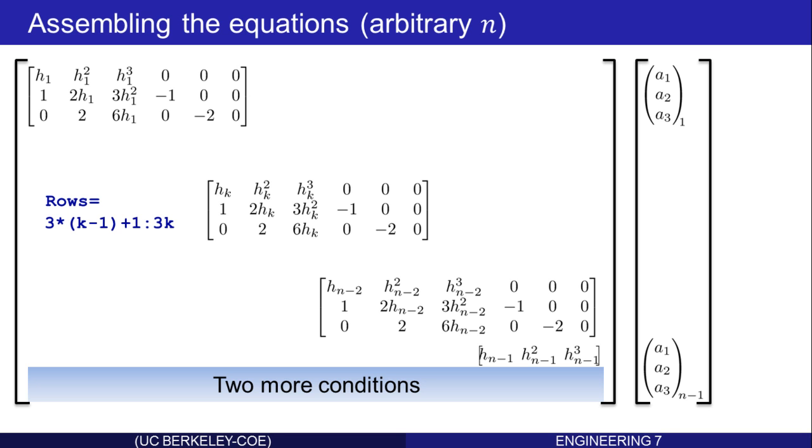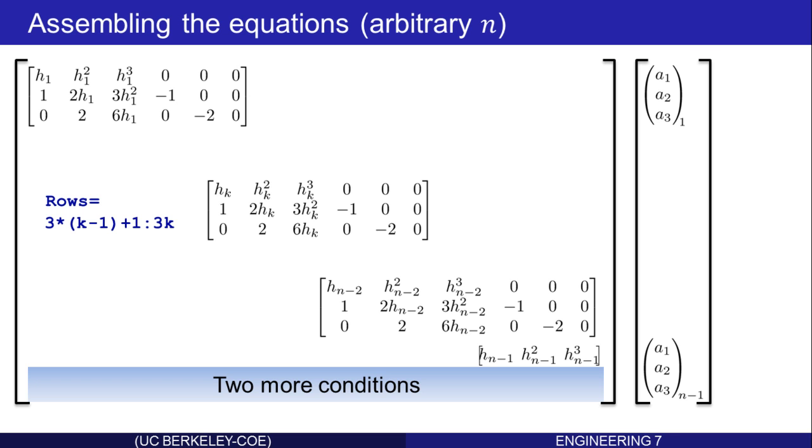Therefore, the row index for this array is 3 times k minus 1 plus 1 to 3k. Think about that. At k equals 1, this goes from 1 to 3. And then as k increases by 1, the starting index increases by 3 and the ending index increases by 3. So therefore it's always going to be correct. 1 to 3, 4 to 6, 7 to 9, and so on.